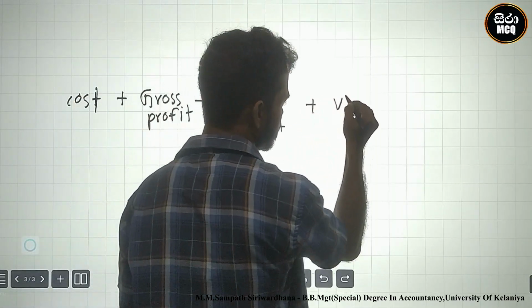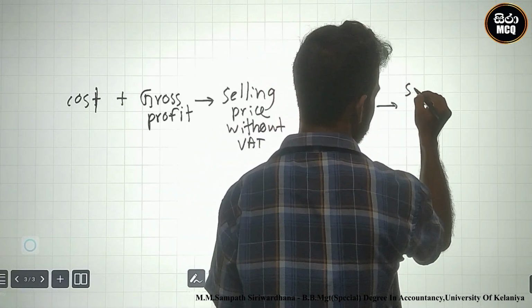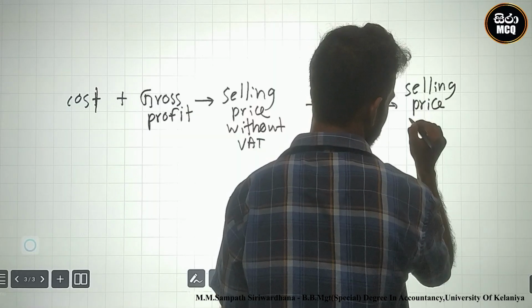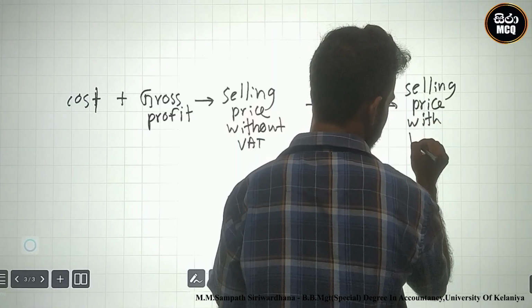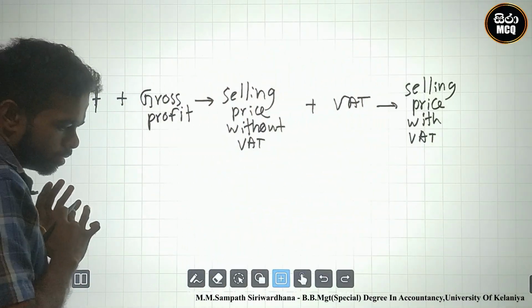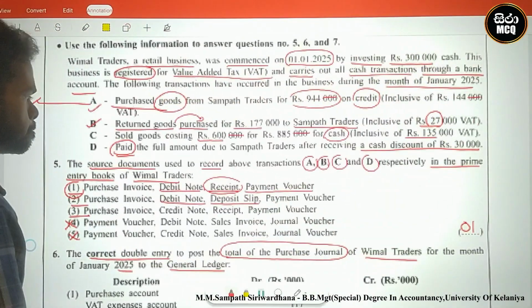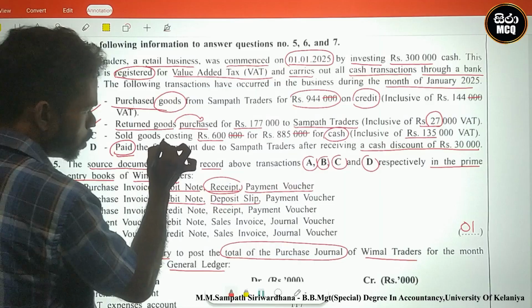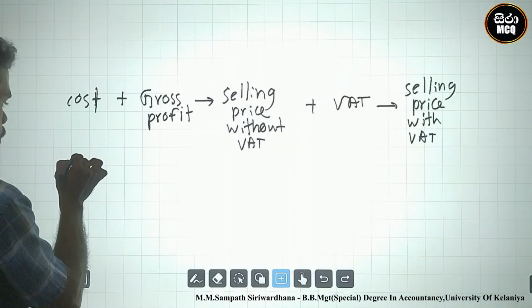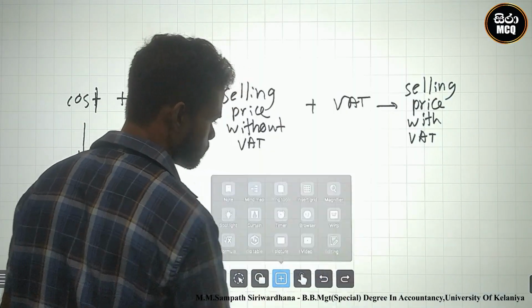After that, we must add the VAT amount, and another selling price is created, the selling price with VAT. We must fulfill this schedule firstly. Look here. Sold goods costing 600. Cost means their costing is 600. Okay, let's see the other one.